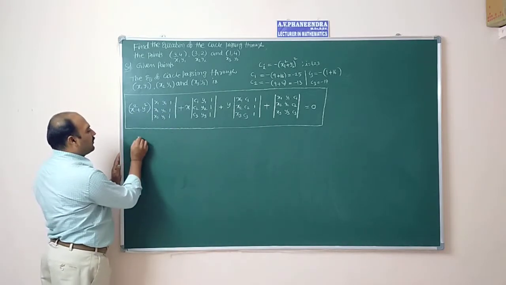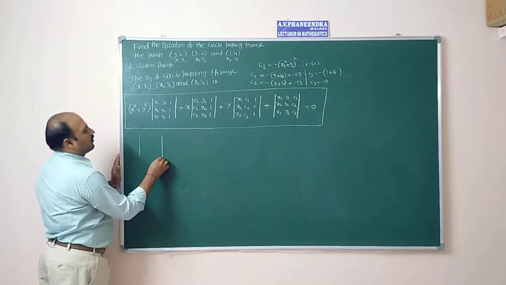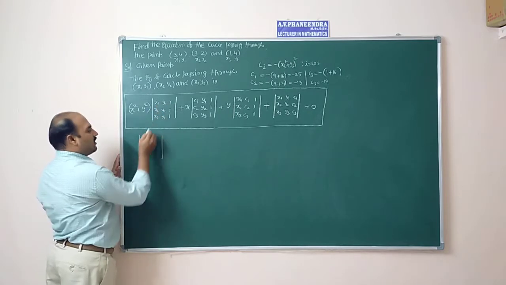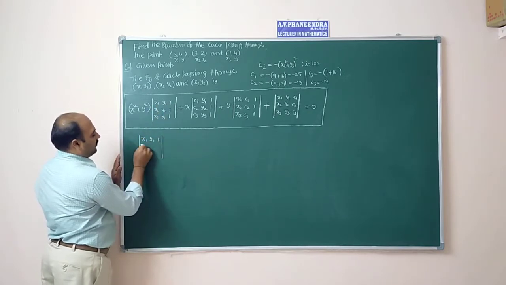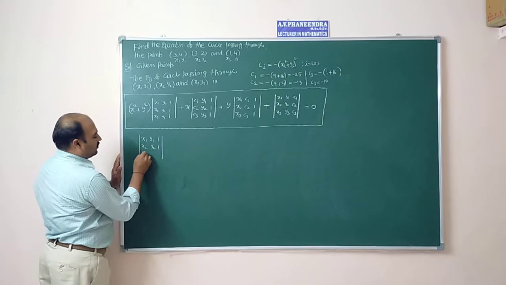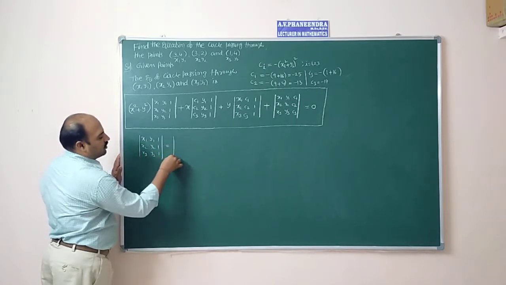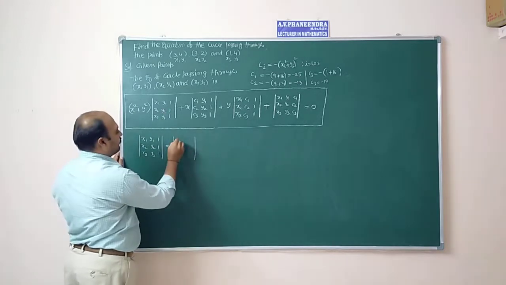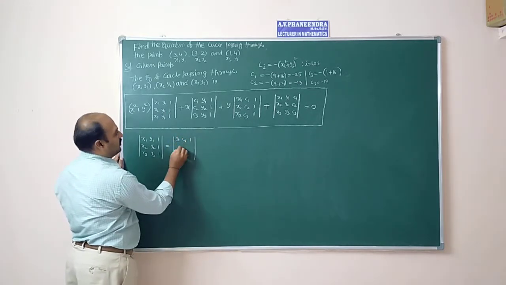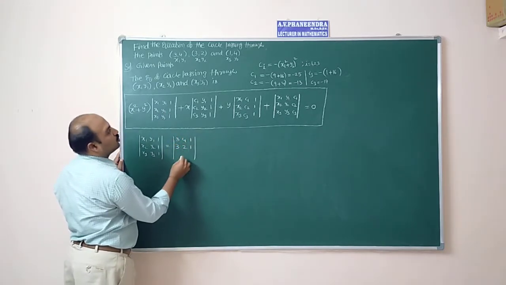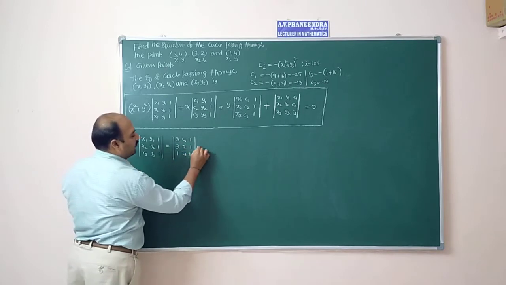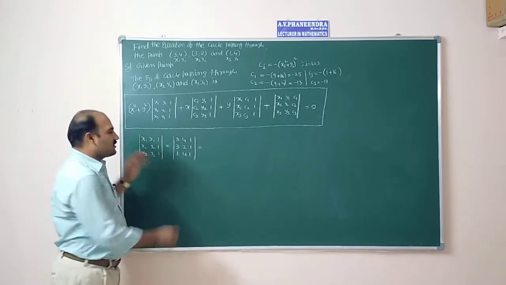Now, the first determinant I am calculating: x1, y1, 1; x2, y2, 1; x3, y3, 1. Determinant of 3, 4, 1; 3, 2, 1; 1, 4, 1. We know how to expand this.